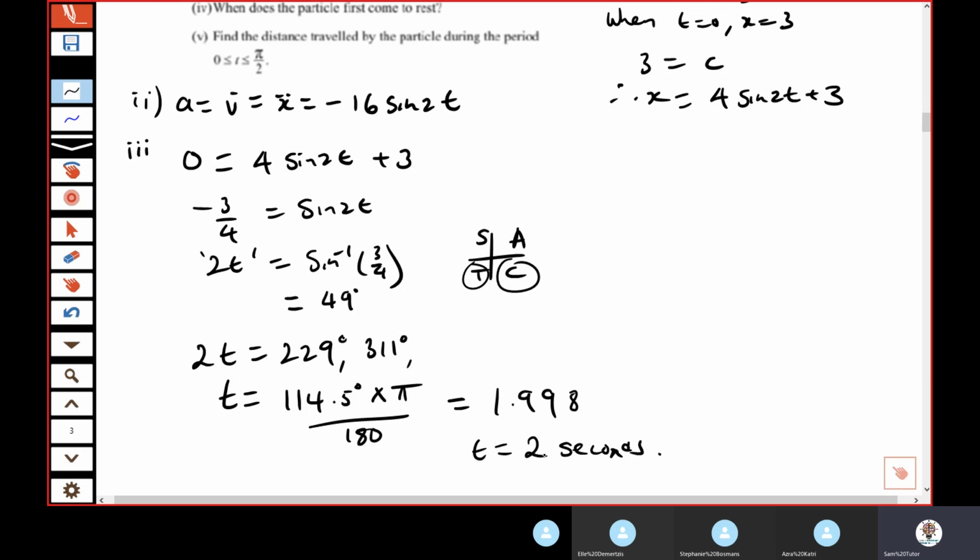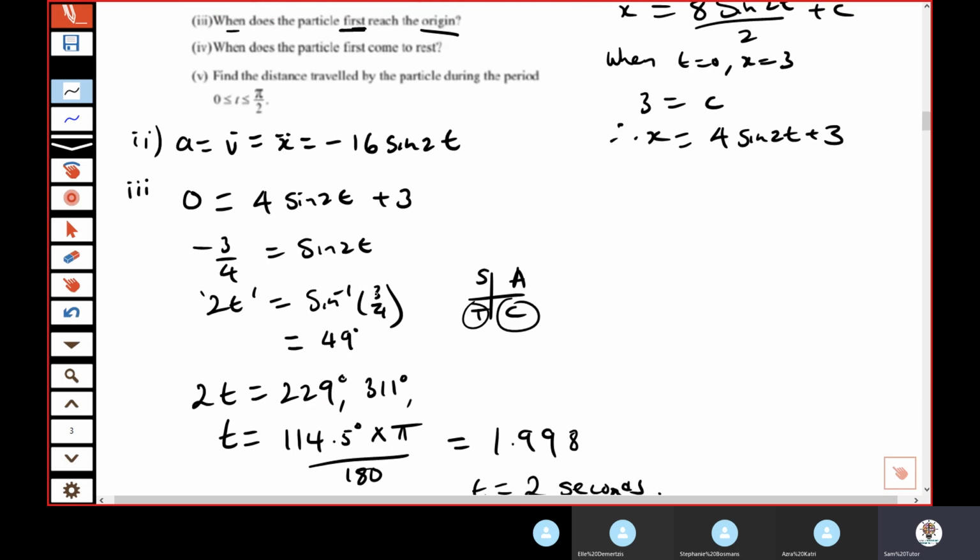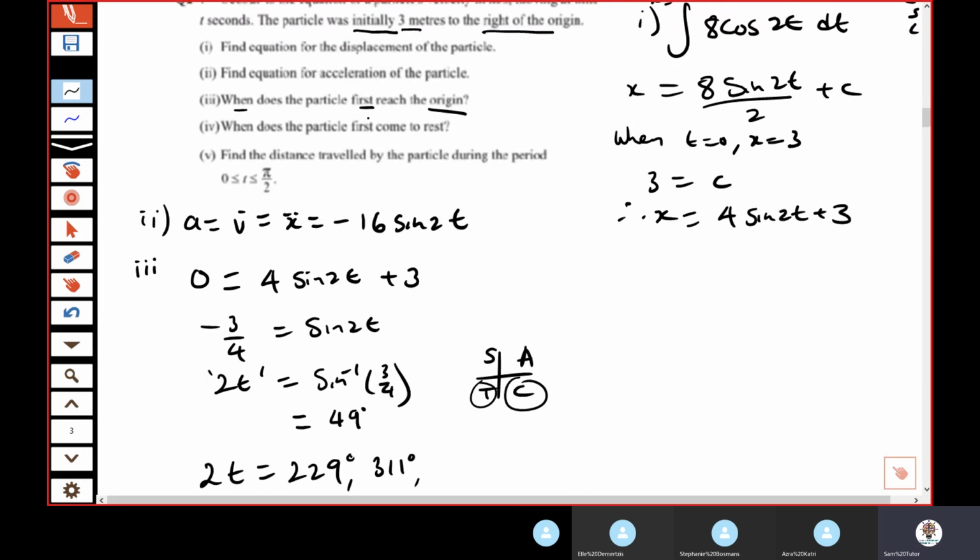All right, yes. Why did you use radians at the beginning? Why did you use 3.5? Oh, why did I use 311? It just says first. When does the particle first? Yeah, and that's what I meant. Like last week, we added 360 though.